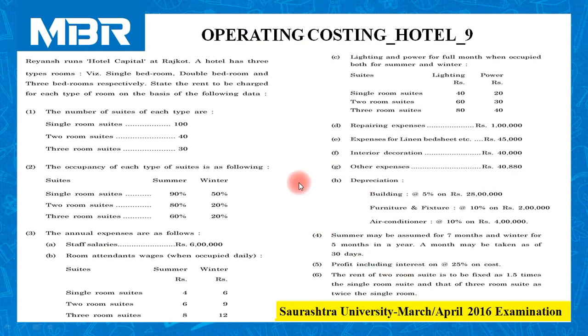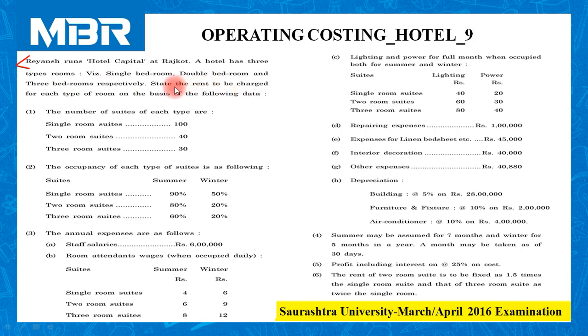Let us refer to the question first. This is information related to Hotel Capital of Rajkot. This hotel has three different types of rooms: single bed, double bed, and three bed.